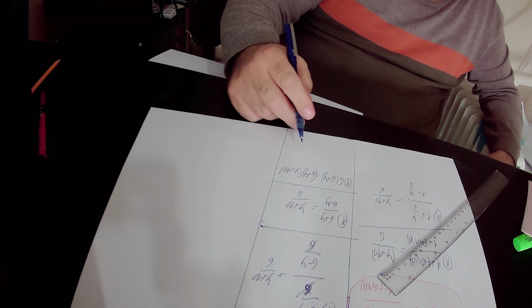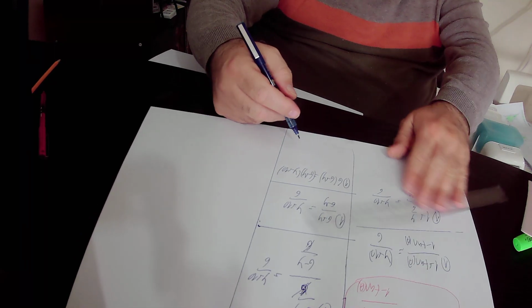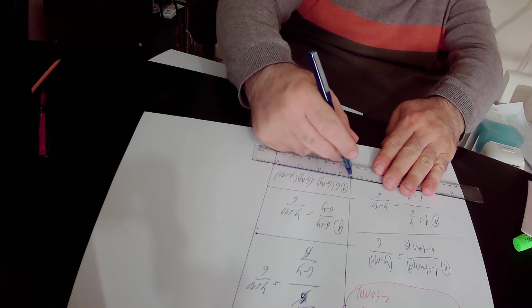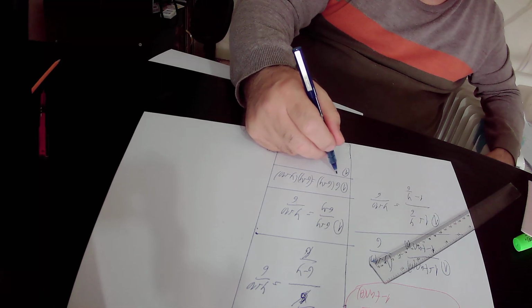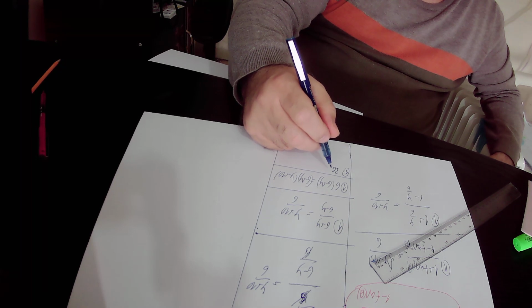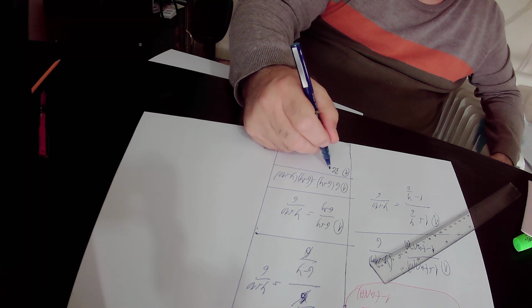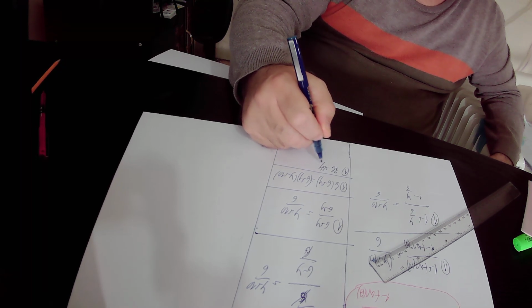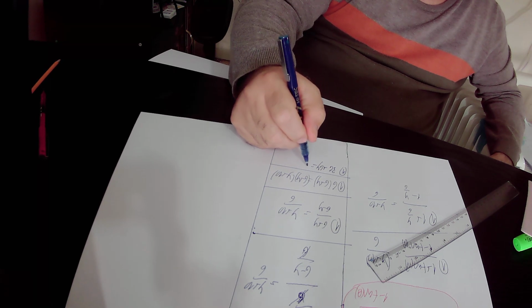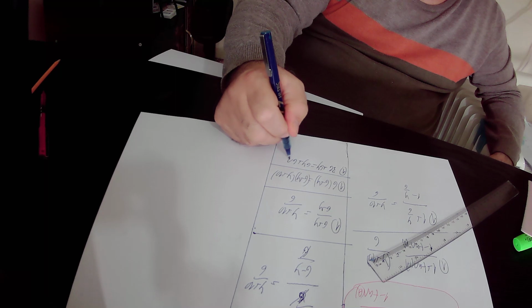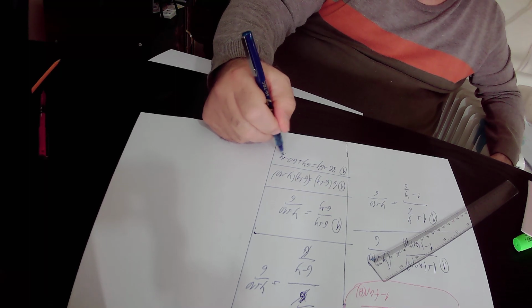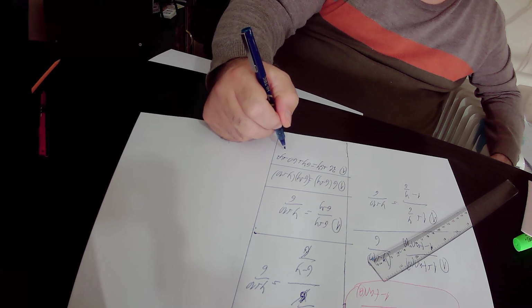We will open the brackets on both sides of equation number 1, and we get that according to equation number 1, 6 times 6 is 36, and 6 times y is 6y, and it is equal to 6y plus 60 plus y squared plus 10y.